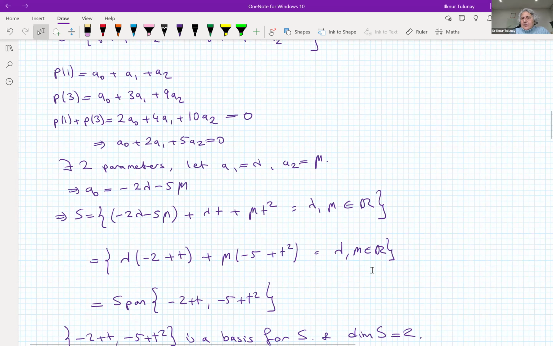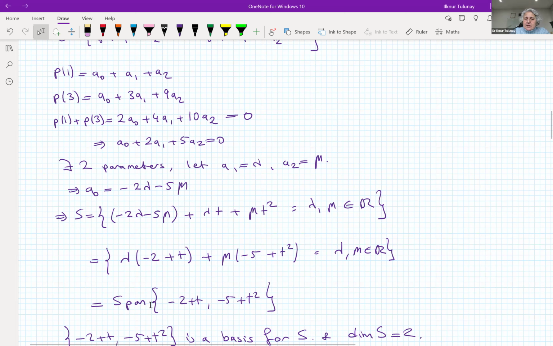I would like to find the spanning set. Just by rearranging this equation as lambda times a polynomial plus mu times a polynomial. That's minus 2 plus t for the lambda coefficient, and the mu coefficient is minus 5 plus t squared. So this is some scalar times a polynomial plus another scalar times another polynomial.